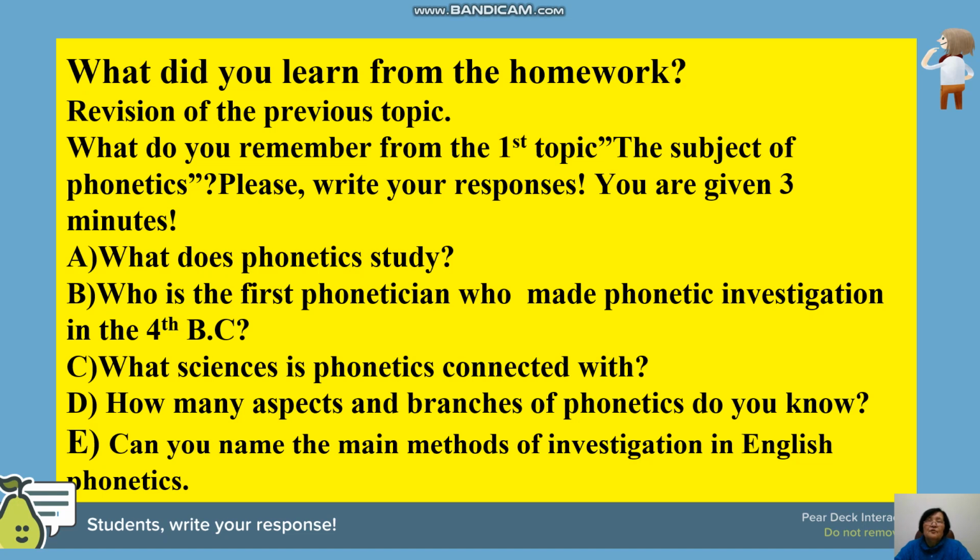Now, first of all, let's revise the previous topic. What do you remember from the first topic, the subject of phonetics? Please write responses. You are given 3 minutes. What does phonetics study? Who is the first phonetician who made phonetic investigation in the 4th BC? What sciences is phonetics connected with?